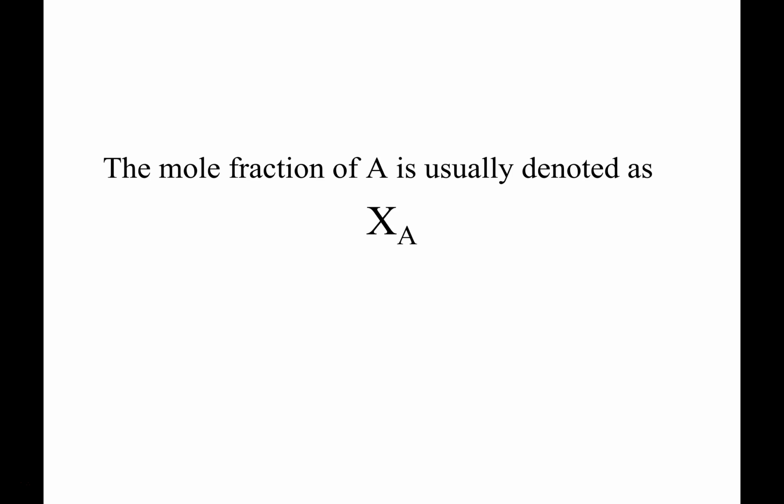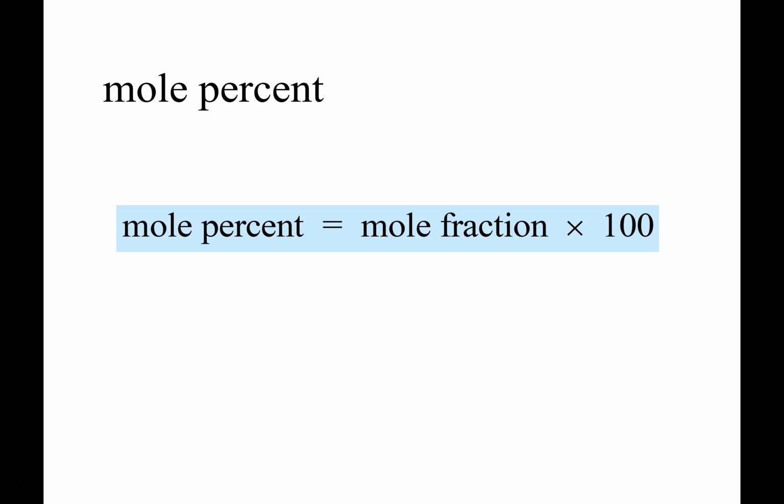Mole fraction is denoted with an X and a subscript of the component of interest. So you would read this as the mole fraction of A: the moles of component A per 1 total mole of everything. So again, we have the relationship between mole fraction and mole percent, like we did between mass fraction and mass percent. If you have the mole fraction, you simply multiply by 100 to get to mole percent.